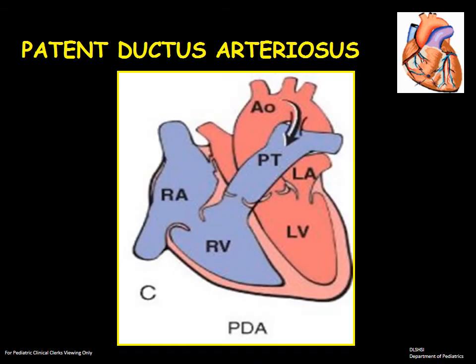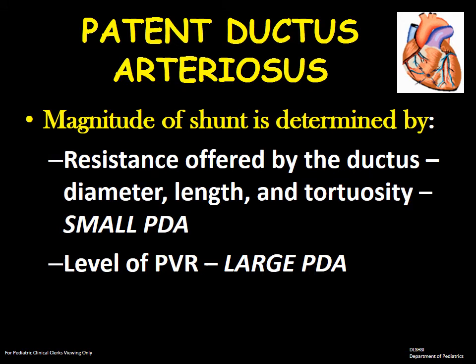Now we go to your patent ductus arteriosus. It is an abnormal communication or persistence of your communication between the aorta and pulmonary artery. The magnitude of shunt is determined by the resistance offered by the ductus, its diameter, length, and tortuosity in small PDA.